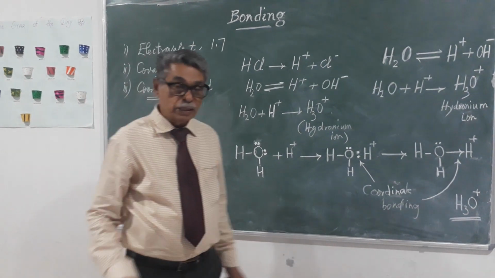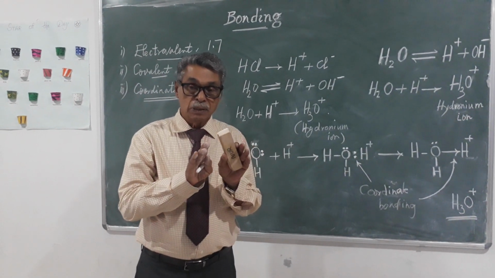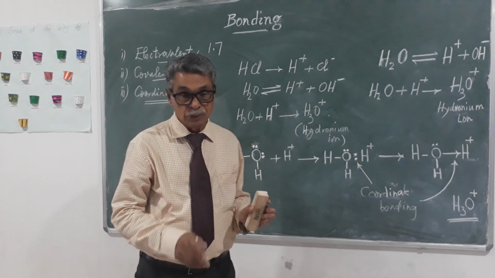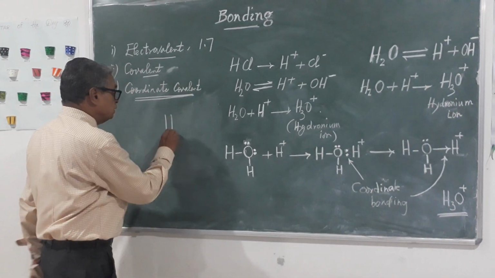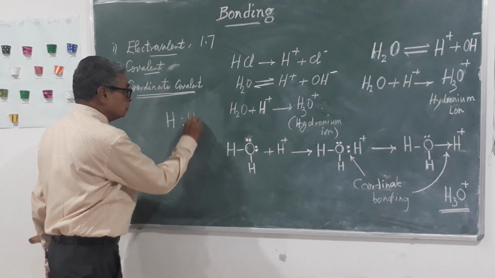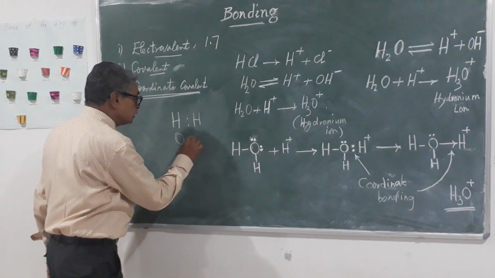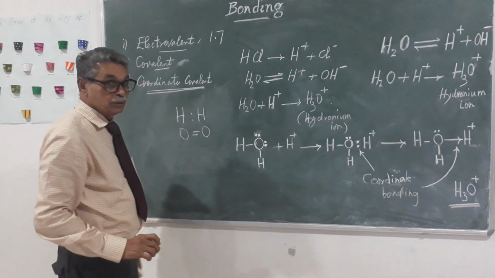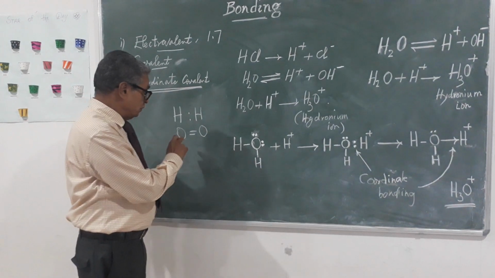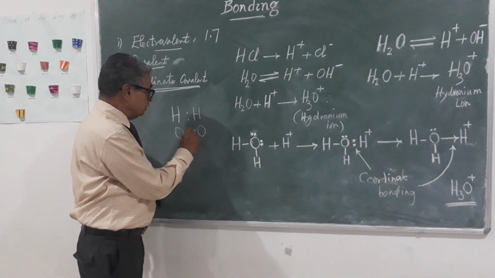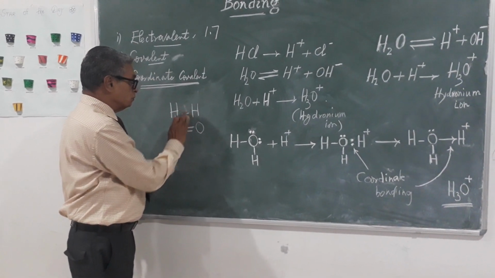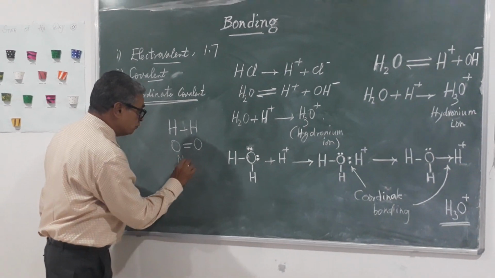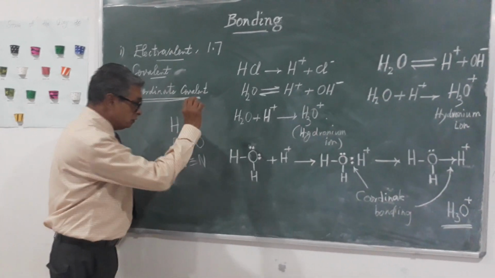In covalent bonding, two atoms share electrons. Say hydrogen and hydrogen will share electrons, or oxygen and oxygen will share electrons. Here is a double bond. Hydrogen and hydrogen is a single bond. Nitrogen and nitrogen will share, it will be a triple bond.